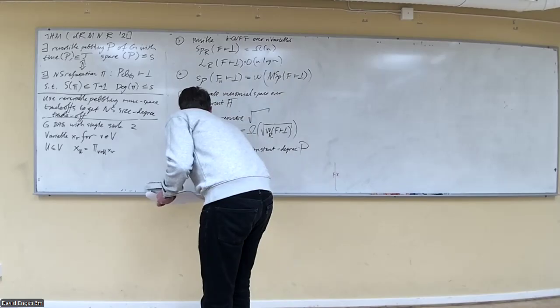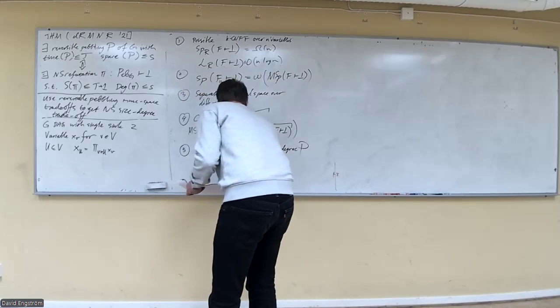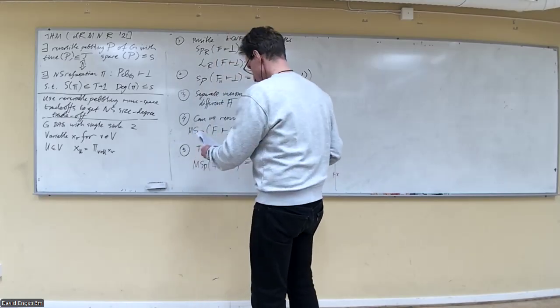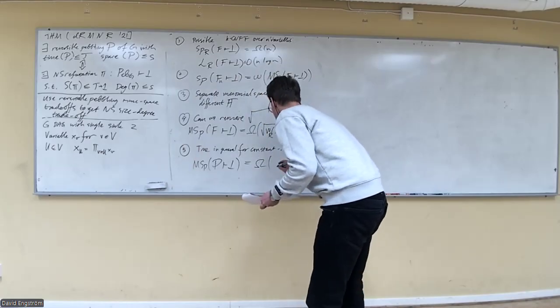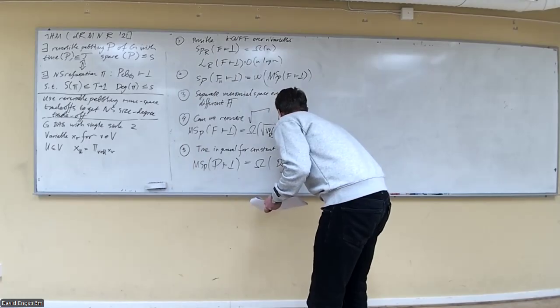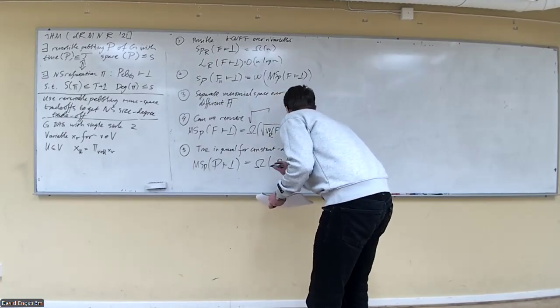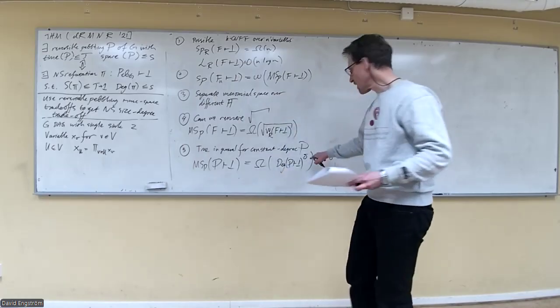Is it true in general that the monomial space of refuting a set of polynomials is big Omega of the degree of refuting this set of polynomials, maybe to some power delta for some delta greater or equal to 0?